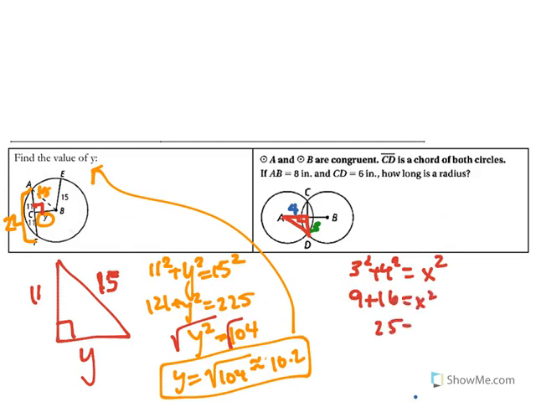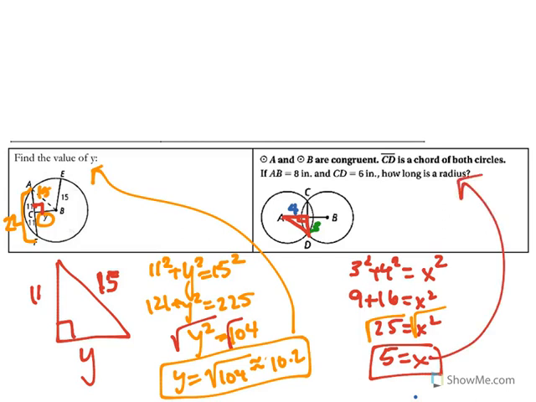Add those two together. 25 equals x squared. Square root both sides. 5 equals x. That's how long the radius is. That takes into consideration, if I go from A to D, that goes all the way to the edge of the circle from the center. It doesn't split it in half, it goes all the way to the edge. So both radii in these congruent circles are 5.